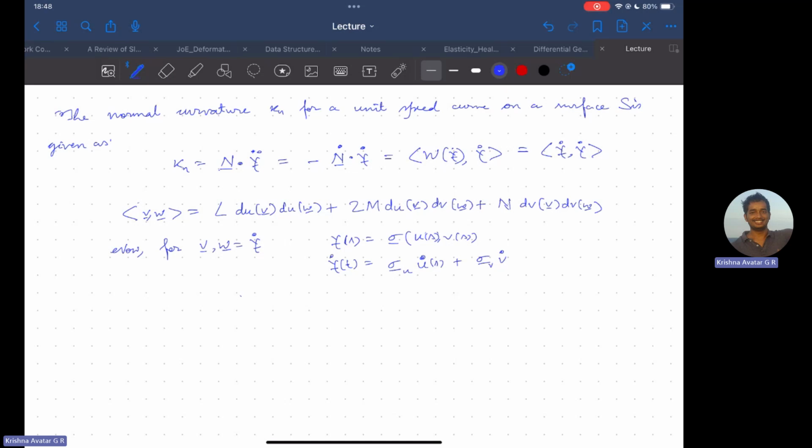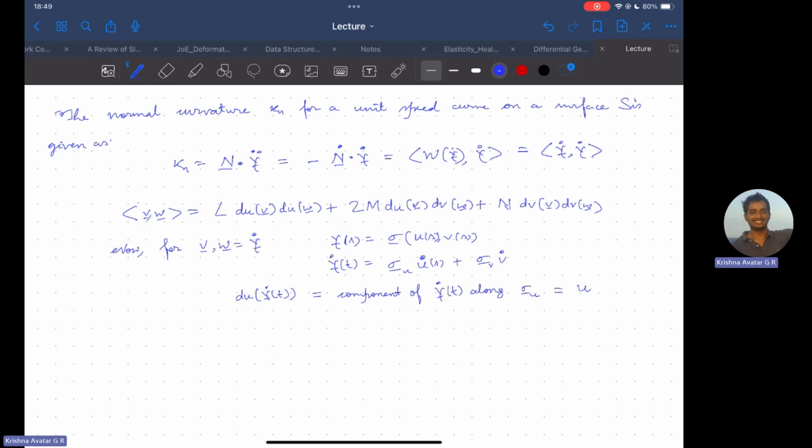So what we have is that du of gamma dot, this is a linear function. du gives us the component of gamma dot along sigma u, right?